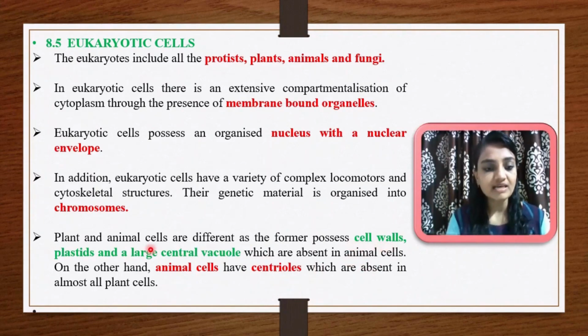Cell walls, plastids, and the large central vacuole, whereas these structures are found only in the plant cell. On the other hand, an animal cell has a centriole, which is absent in almost all plant cells. So this is the difference between animal cells and plant cells.